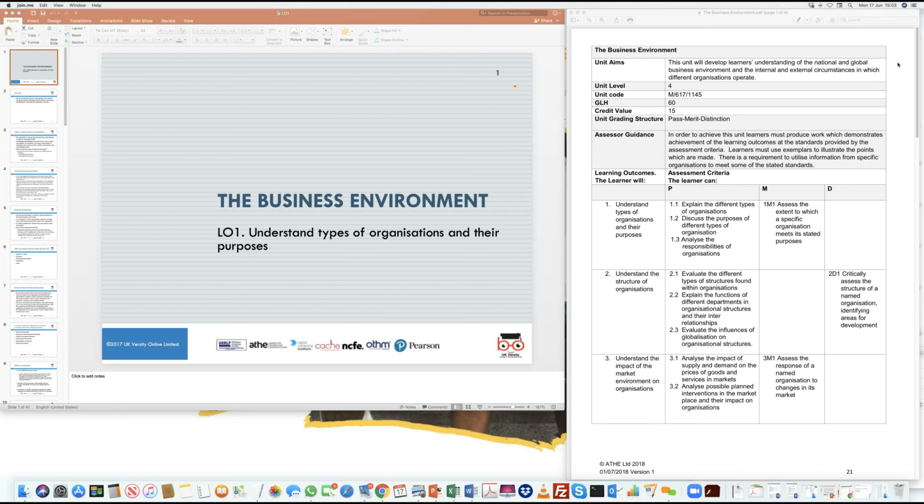So let's start. Today what we are going to look at is this particular unit, which is business environment. This unit we study first, because when you study the course business and management, we work within an organization. When you work within a business, you need to understand what a business is, how it works, and what the internal and external factors are which can affect the business when you're trading, making some profit, or you're a charity or a different type of organization.